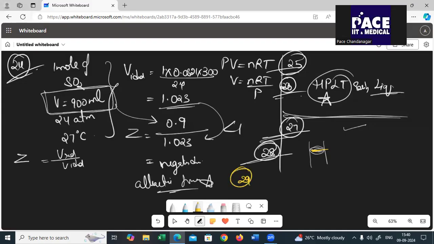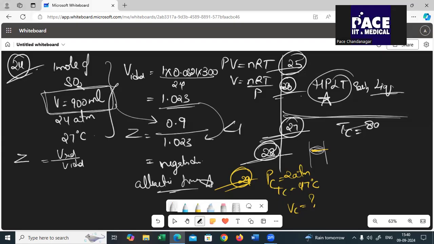Next, 29. If for the critical parameters, PC is given to you as 2 atm and TC is 47 degrees Celsius, what is the approximate value of VC? We have just now written some formulas as well.